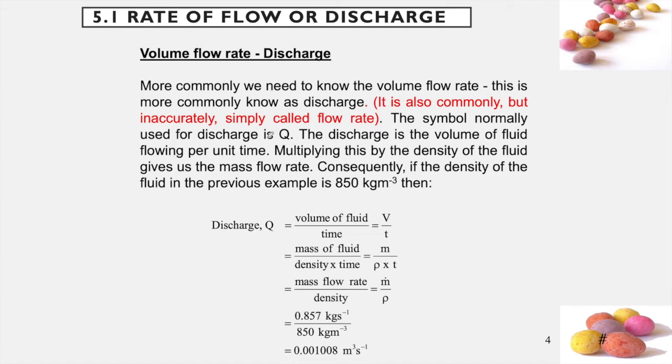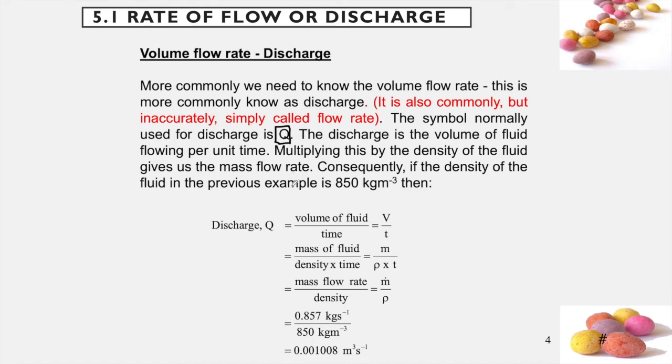The symbol normally used for discharge is Q. Remember, Q is discharge for flow. The discharge is the volume of fluid flowing per unit time. Multiplying this by the density of the fluid gives us the mass flow rate.